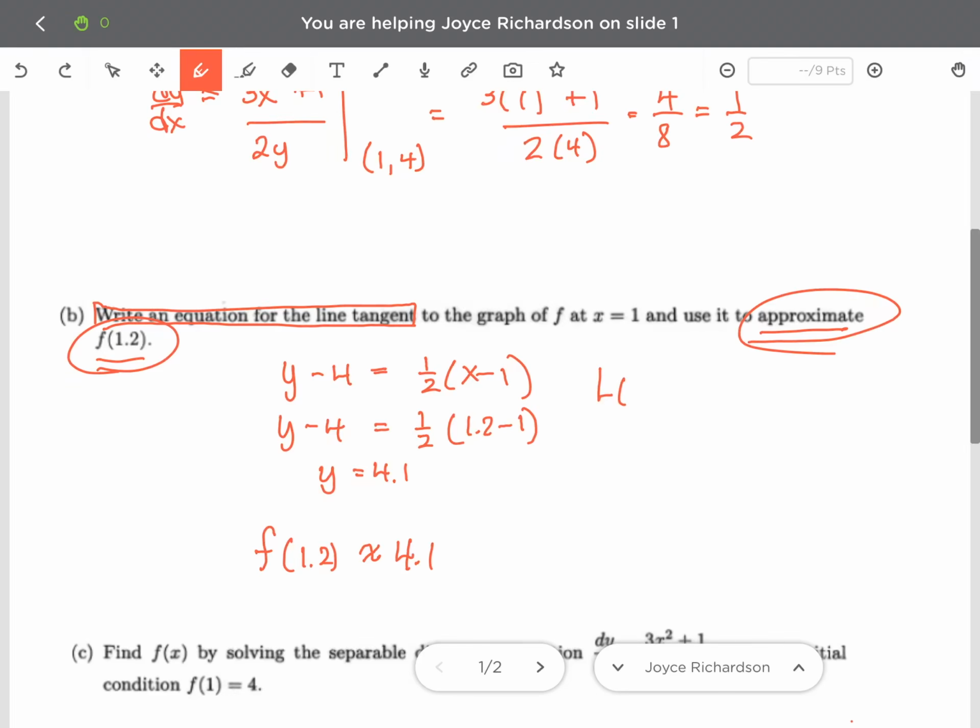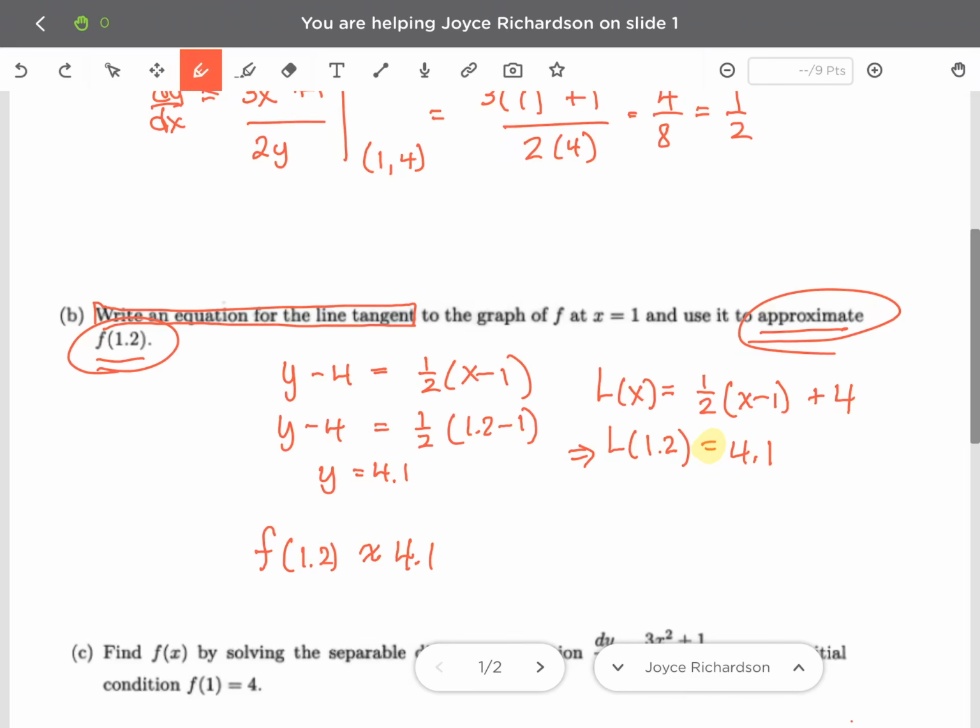If you used L of x, that's fine. You could have L of x is equal to 1/2 times x minus 1 plus 4. Then L of 1.2 is going to be equal to 4.1, not approximately. Remember, this linear approximation or linearization is just the equation of the tangent line.